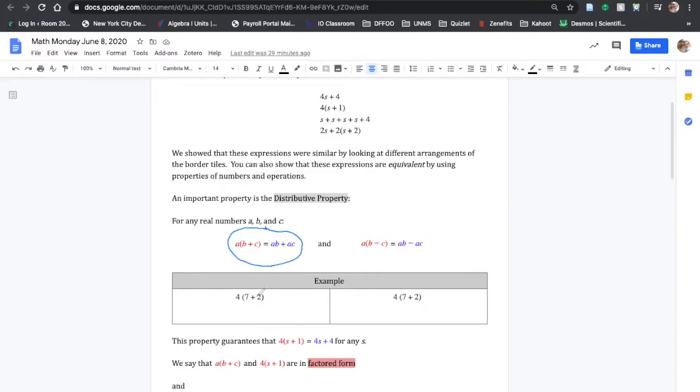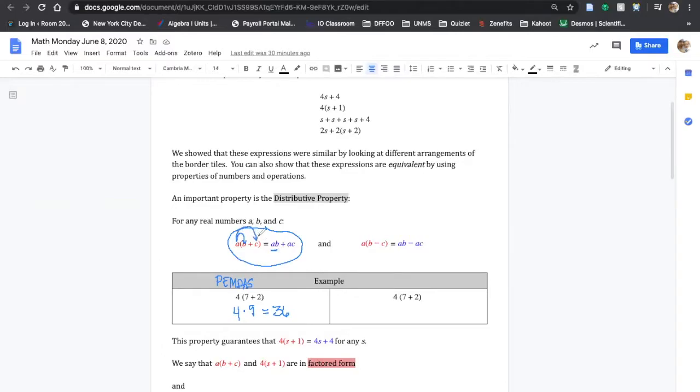So if I'm thinking about 4 times 7 plus 2, you can think about using the order of operations, right? Do what's in the parentheses first. 7 plus 2 gives you 9, so I need to add those first, and then 4 times 9 is going to give me 36, right? What the distributive property basically tells us is to take what's on the outside of the parentheses, distribute it. So a times b gives you ab.